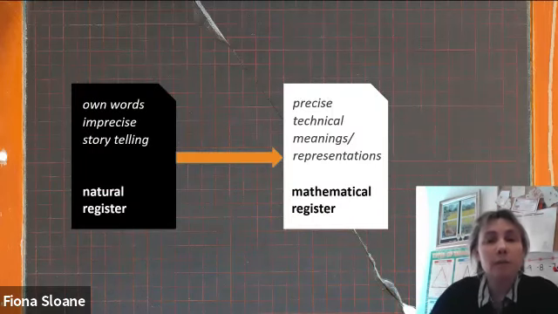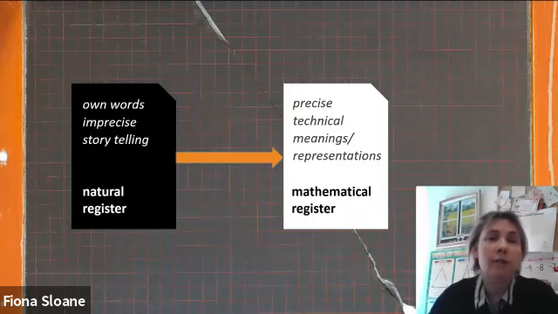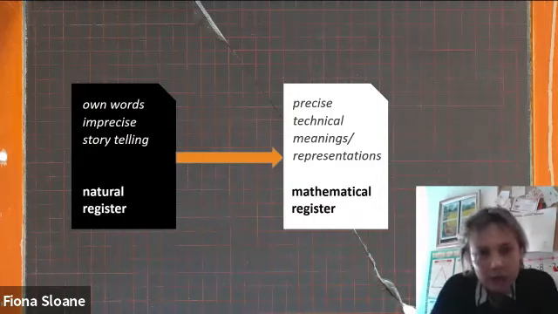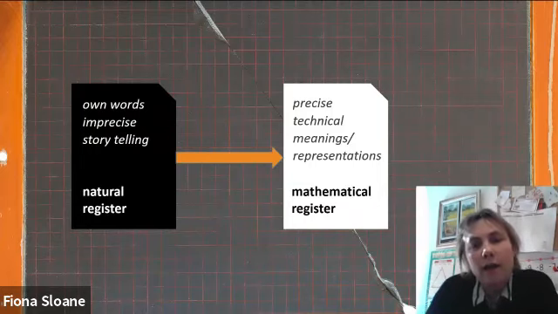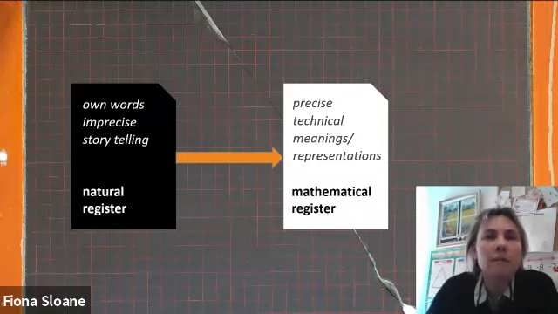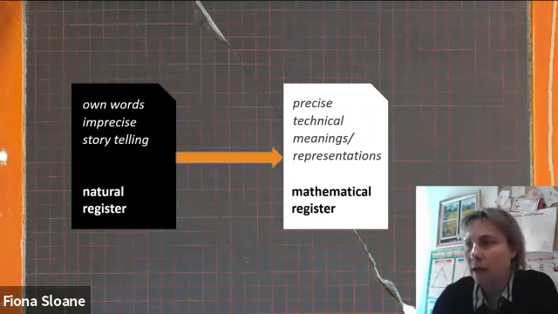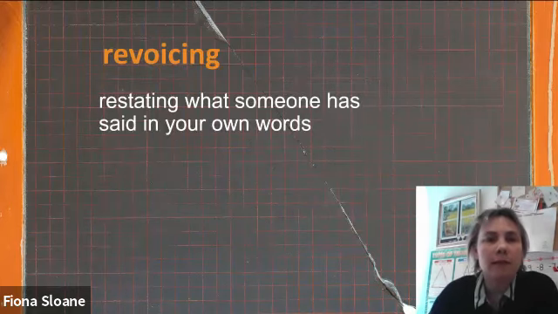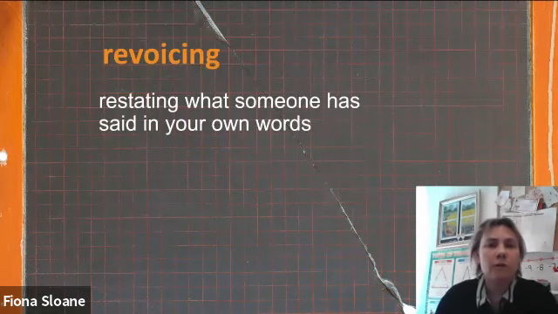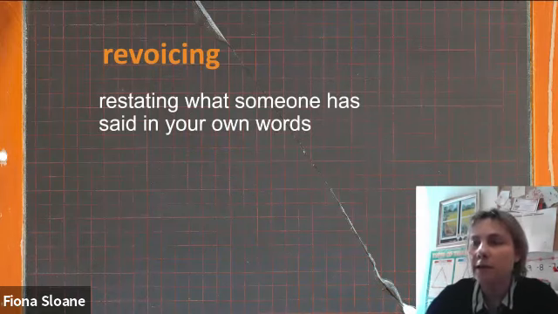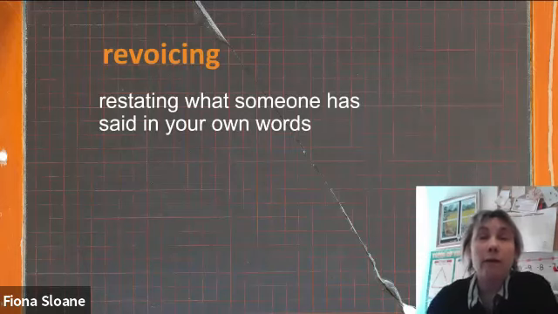So what is typically thought of in this situation is we take our normal everyday blethering voices and we try and get to a point where we can convey succinct, precise meanings using mathematical language. And when we're doing that, sometimes we use a technique called revoicing. So that's restating what one of the students has said. And there can be very good reasons to do that.